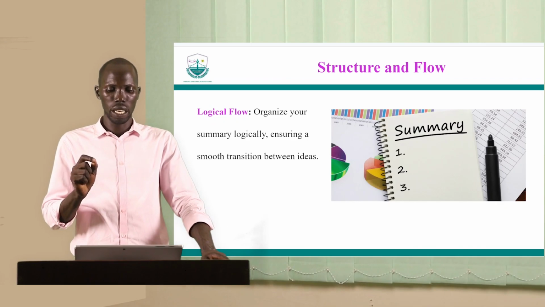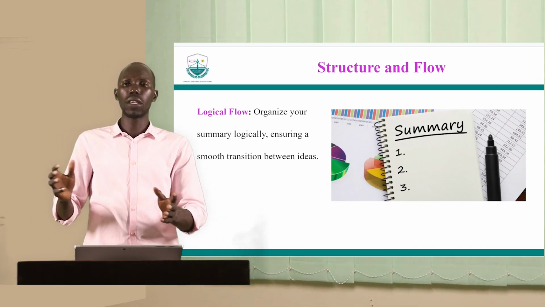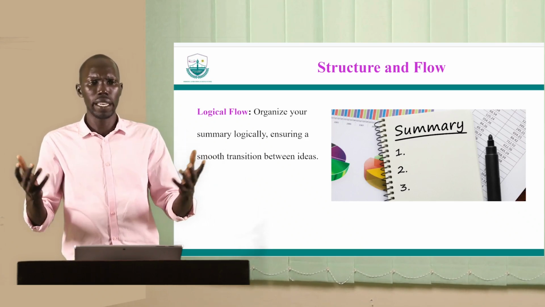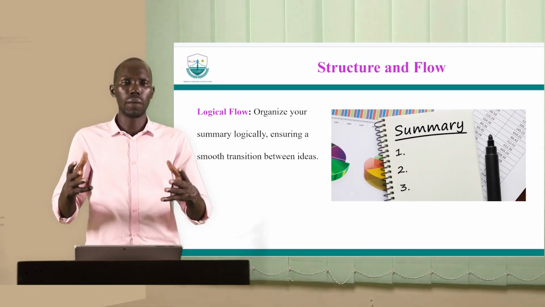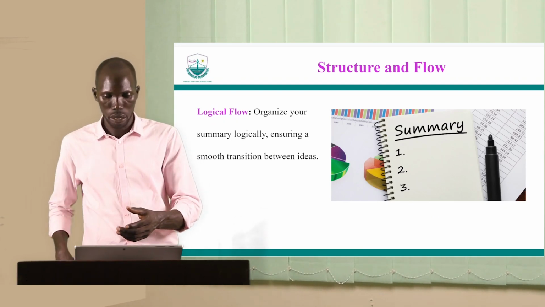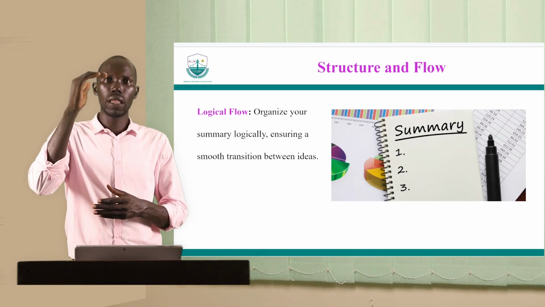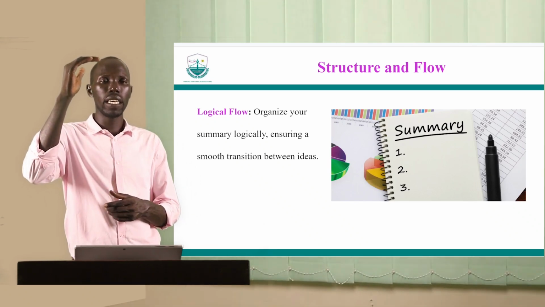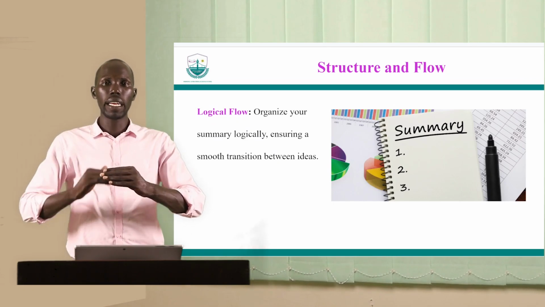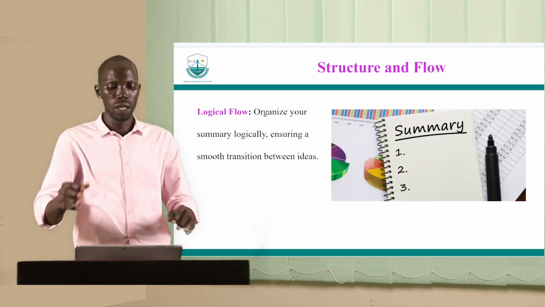Organize your summary logically, ensuring a smooth transition between ideas. Assuming there are 2 points, two ideas that you're required to talk about, don't start with the last. If you're counting, you start from 1, you go in that order. So you should also flow in that order in your summary, starting with the first idea that was said, that responds to the prompt, and the last idea that was mentioned by the original author that responds to the prompt.